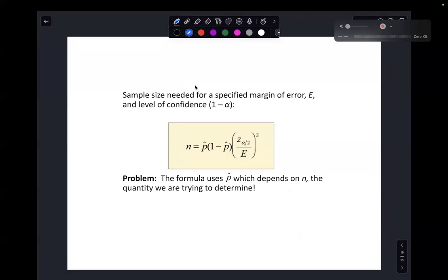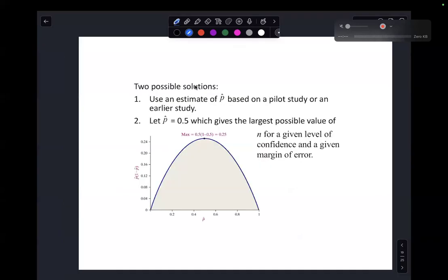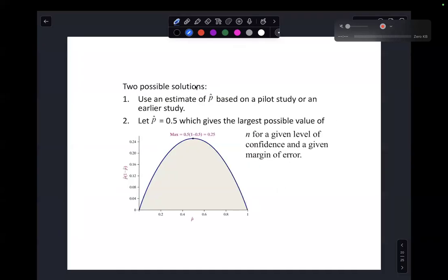So instead of using a p hat, because we don't have one, we have two different options. I'm going to pop to the other screen for that. We can either look at a different study. Someone else may have done a study just like it previously. We can get an idea based on theirs what p hat we can use, and it's going to get us in a good enough ballpark for the margin of error we want.